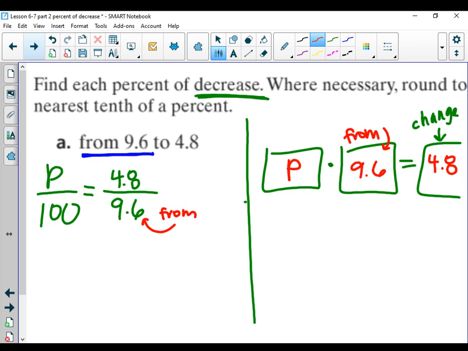You are ready to cross product or divide. Ready, go.